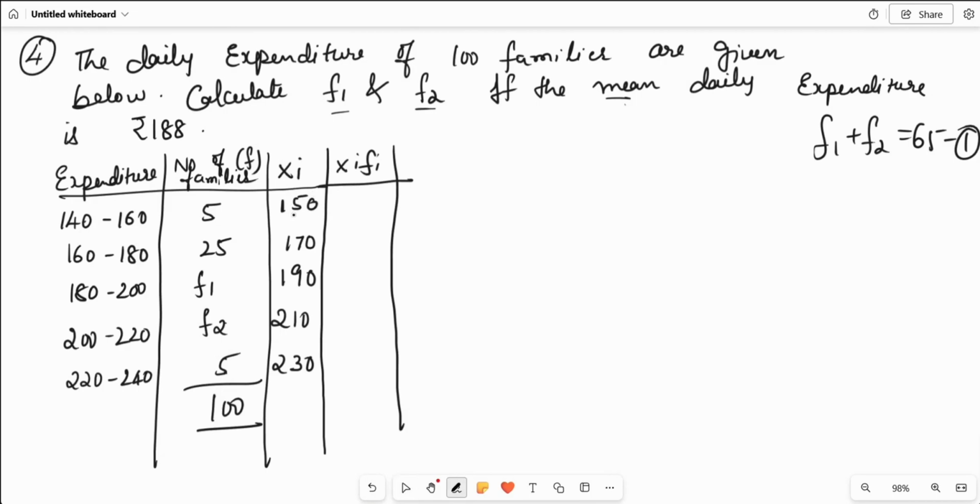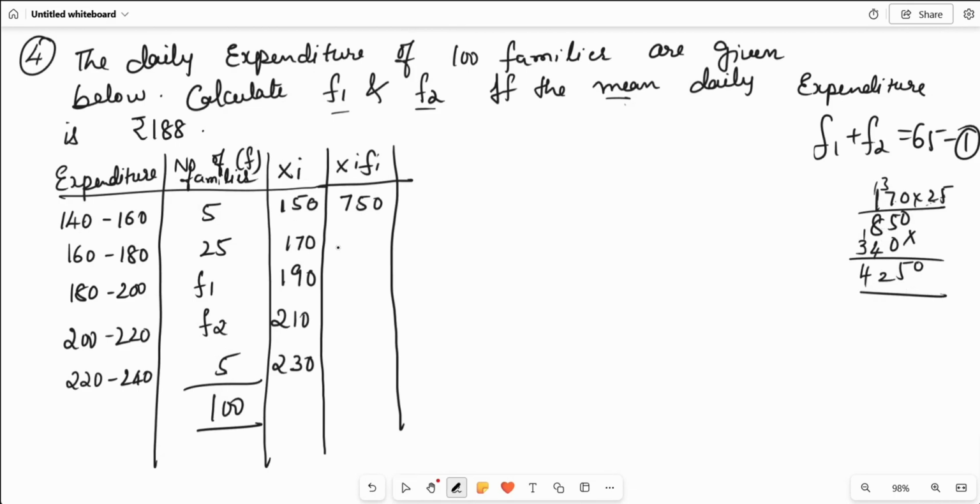Okay, so xi into fi, 150 into 5, 750. Okay, 170 into 25, 4,250 you will get.